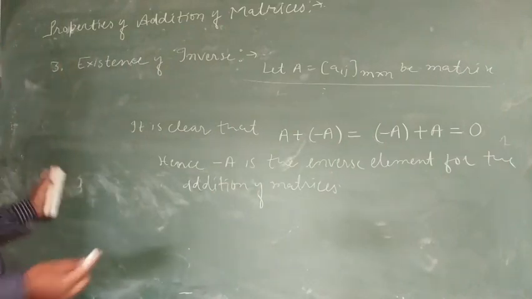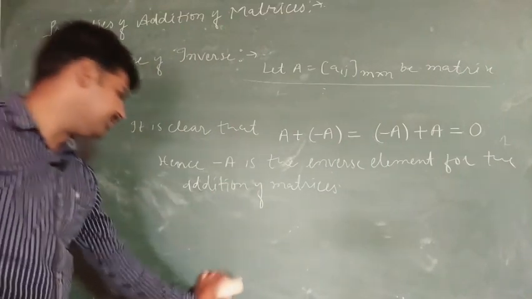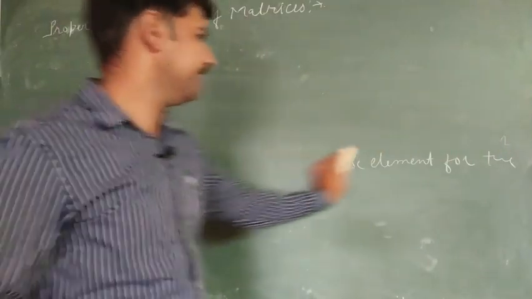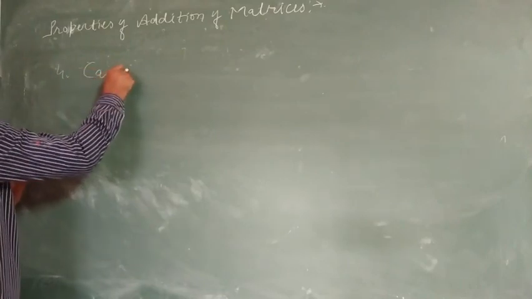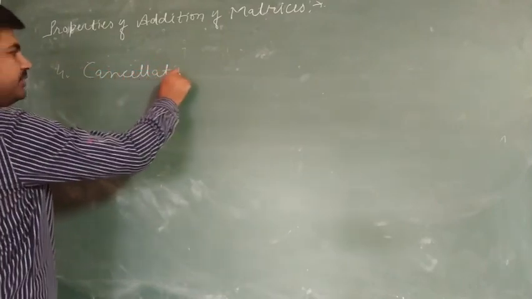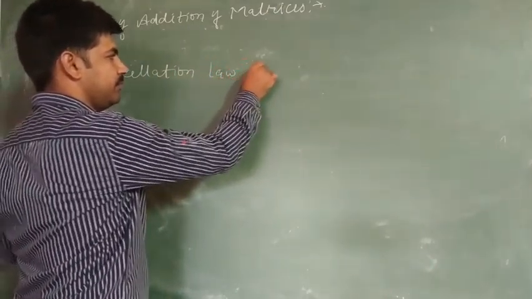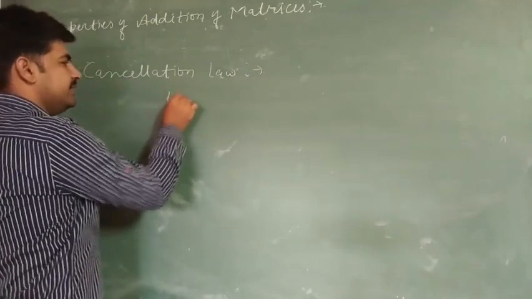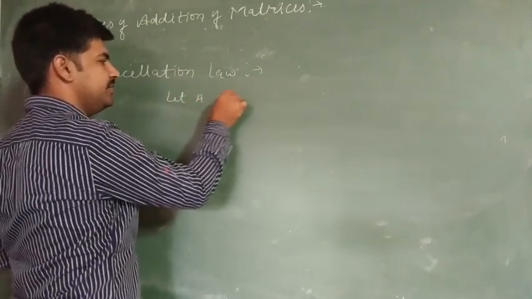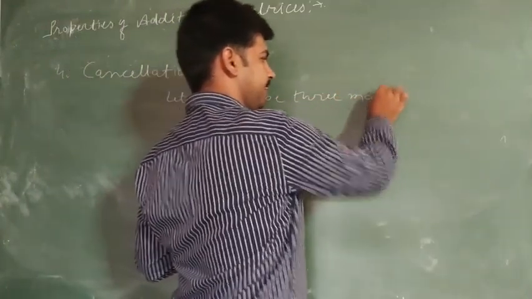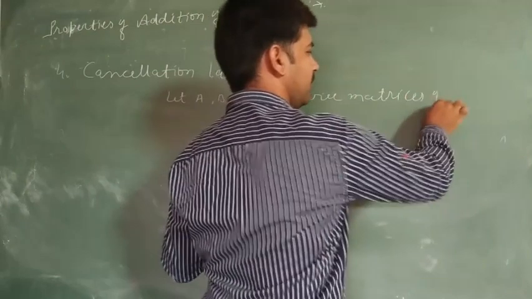The next property we can quickly discuss, the cancellation law. Dear students, the cancellation law for addition of matrices: let A, B and C be three matrices of same order.